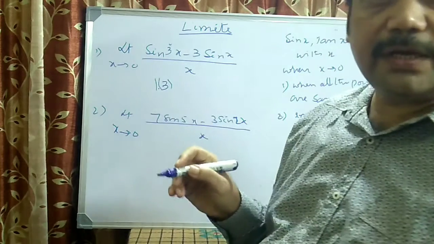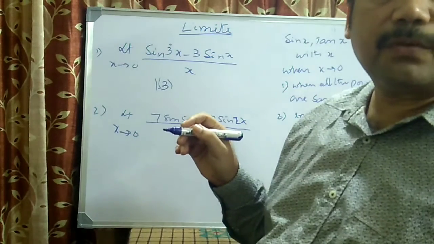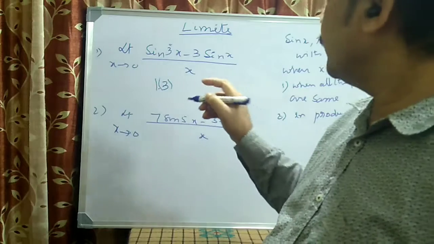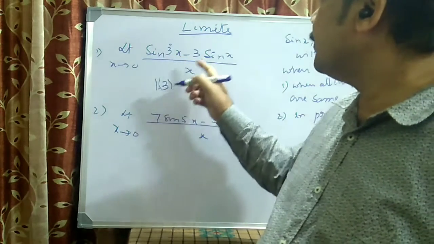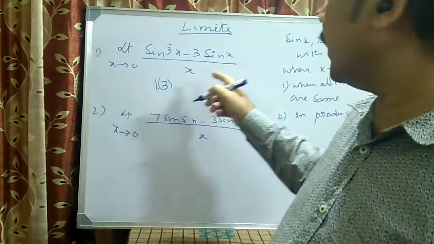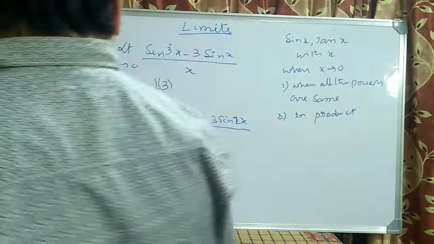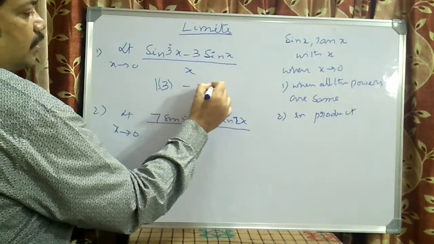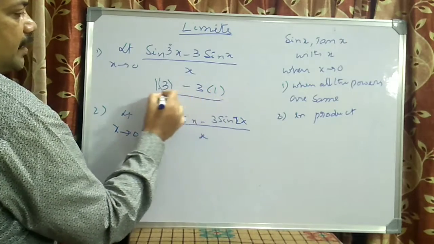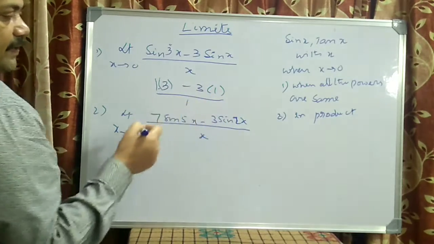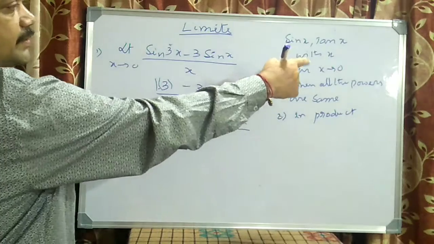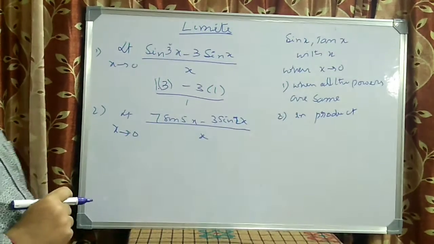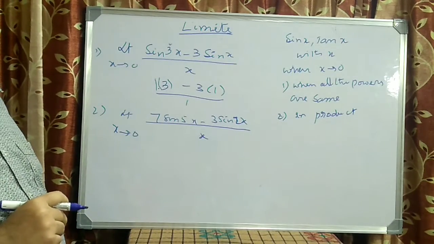So what I do here is: x coefficient is 3, sin 3x coefficient is 1. Here x coefficient is 1, sin x coefficient is 3. We take all the terms which are tending to 0, and only their coefficients are considered here.